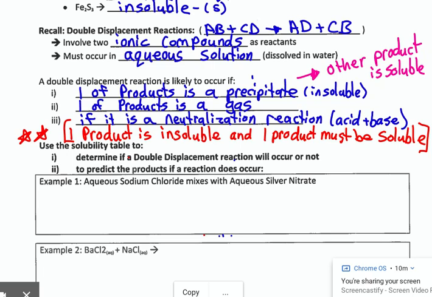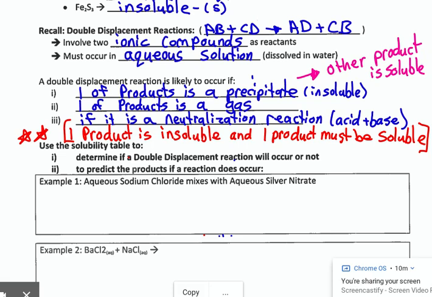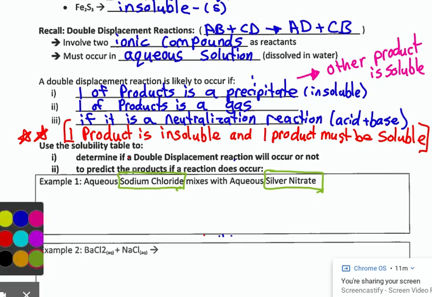So in our first example, we have sodium chloride, aqueous, mixing with silver nitrate. I'm going to write those down as my reactants, in their formulas, because I want a chemical equation.